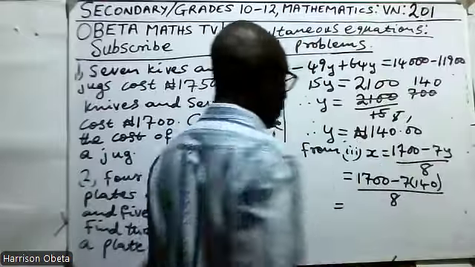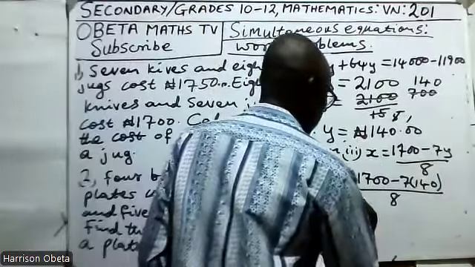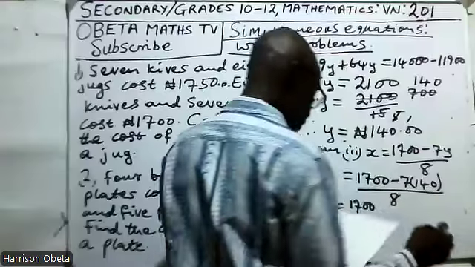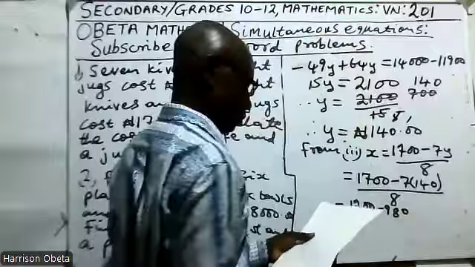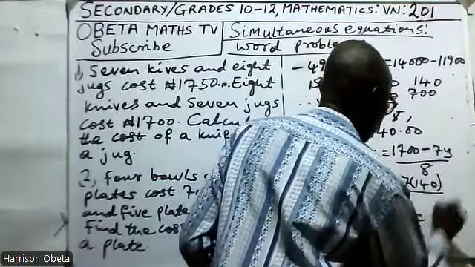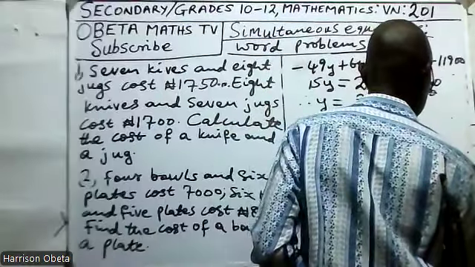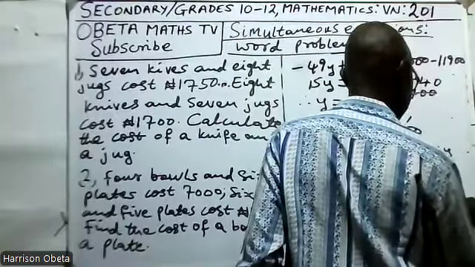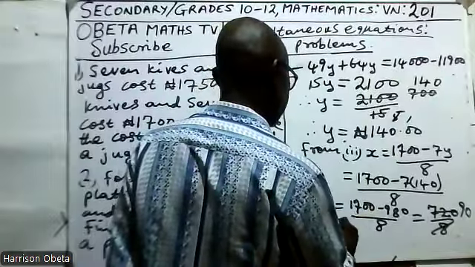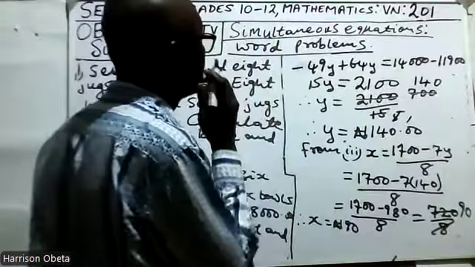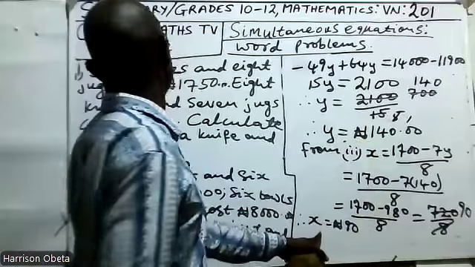And then again, using our calculator, we have 1700 minus 980, then all over 8. This will give us 720 all over 8. We divide, and that's 90. Therefore, x equal to 90 naira. So we have succeeded in getting the cost of a jug and the cost of a knife.